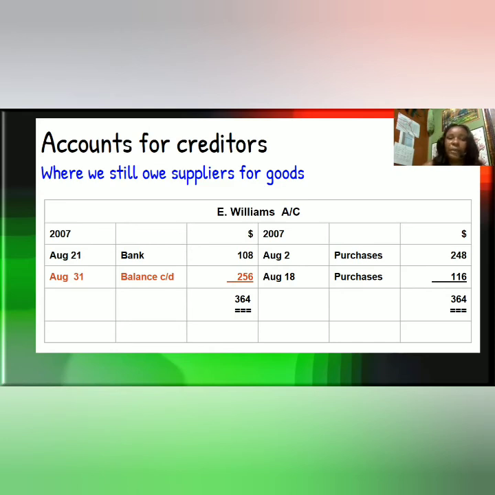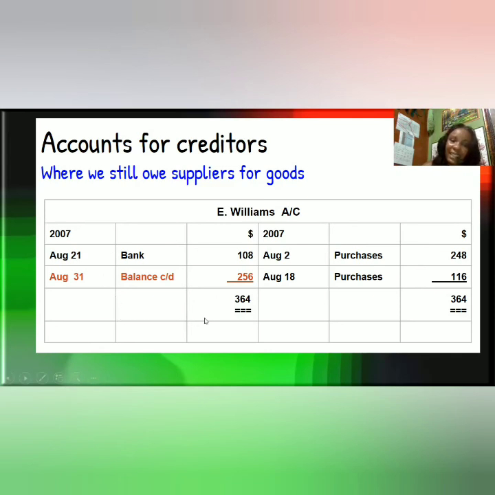No. So if we have a balance carried down, we must have a balance brought down at the beginning of the next month. And so this is August, and so our next month will be, awesome, September, on the opposite side.